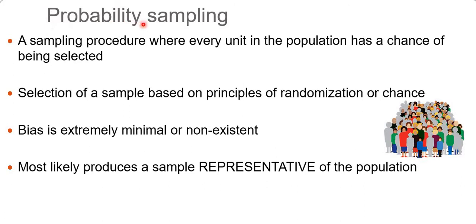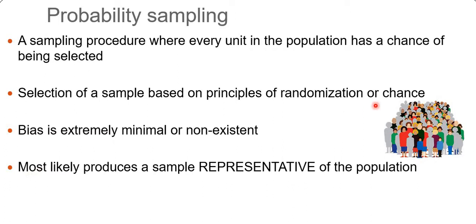Probability sampling is a procedure where every unit in the population has a chance of being selected. That would mean we should have a list of every unit, every member of the population, and we randomly, or we use chance, to select our sample. And we remove our bias, either to a very minimal level or actually not there.